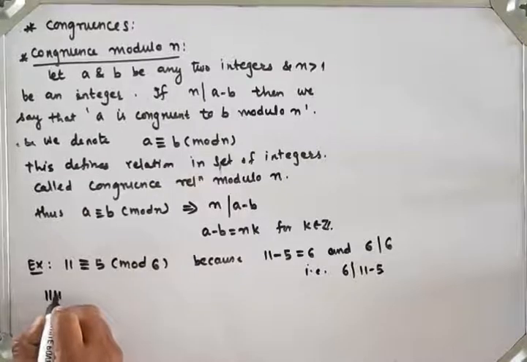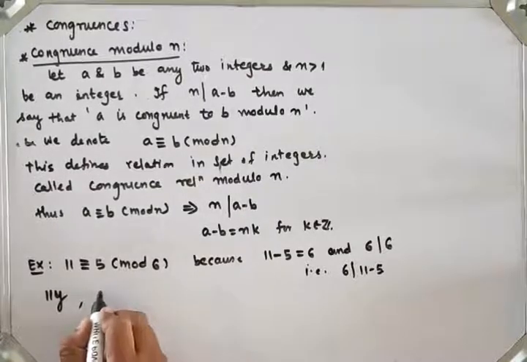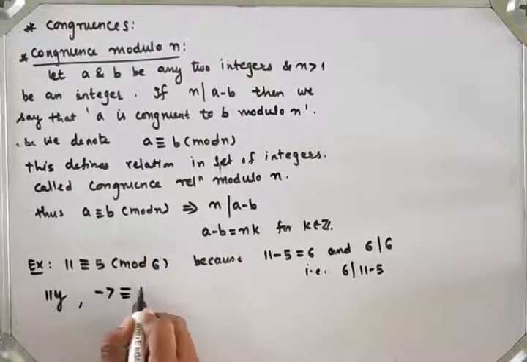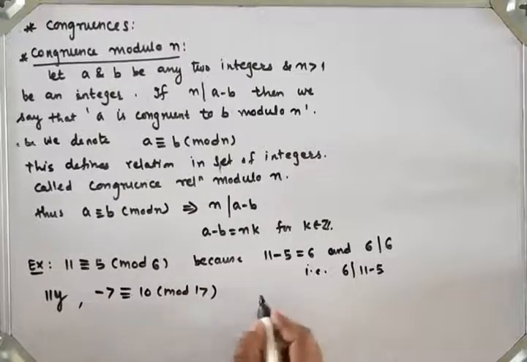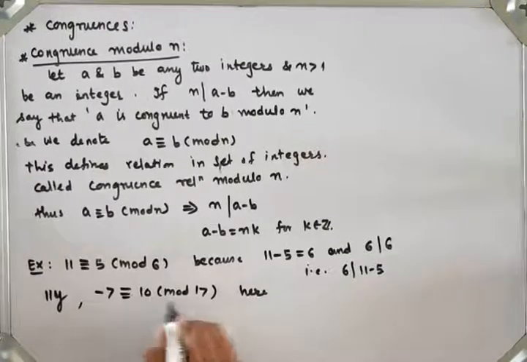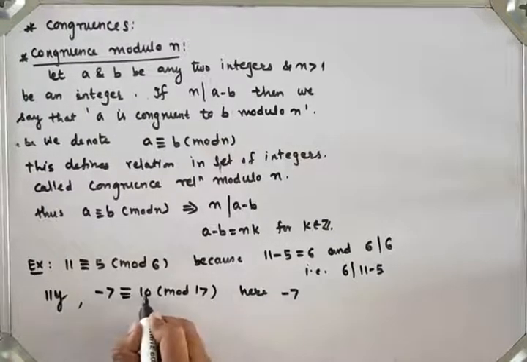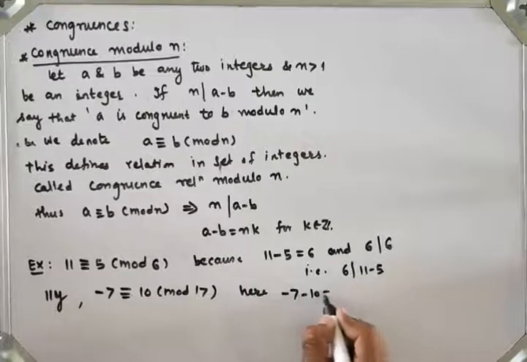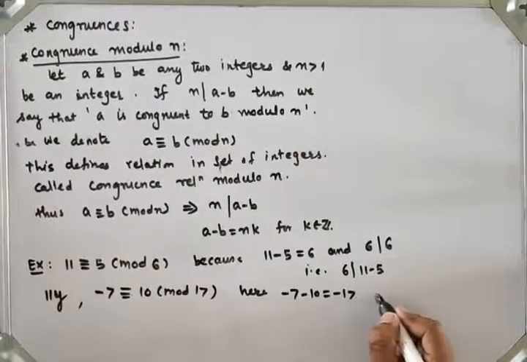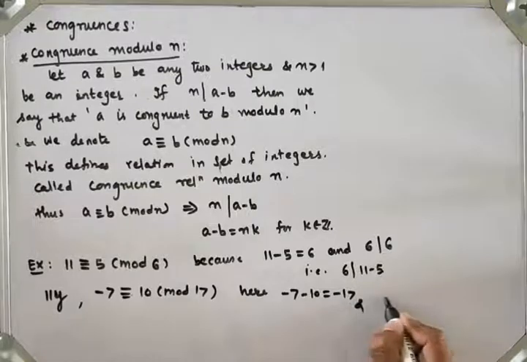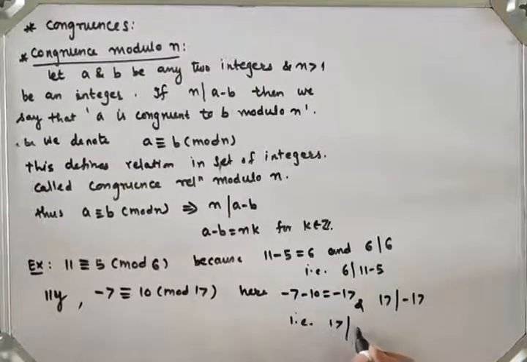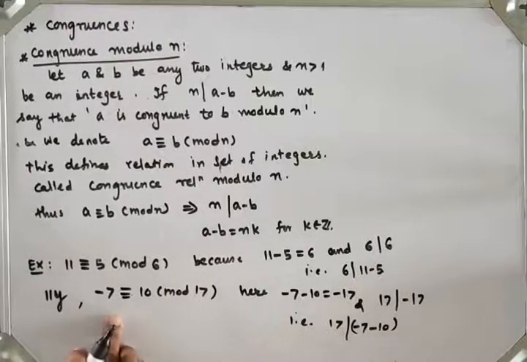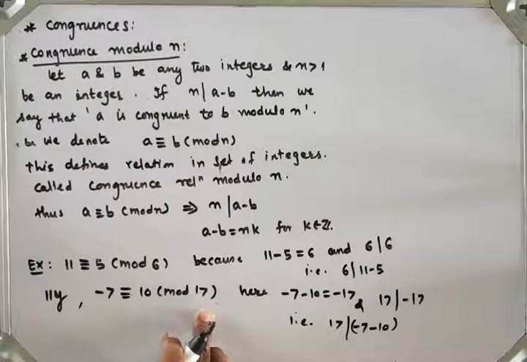Similarly, I will take minus 7 is congruent to 10 modulo 17. Here the difference is minus 7 minus 10, which is minus 17, and 17 divides minus 17. That is, 17 divides minus 7 minus 10, therefore this is a congruence relation modulo 17.